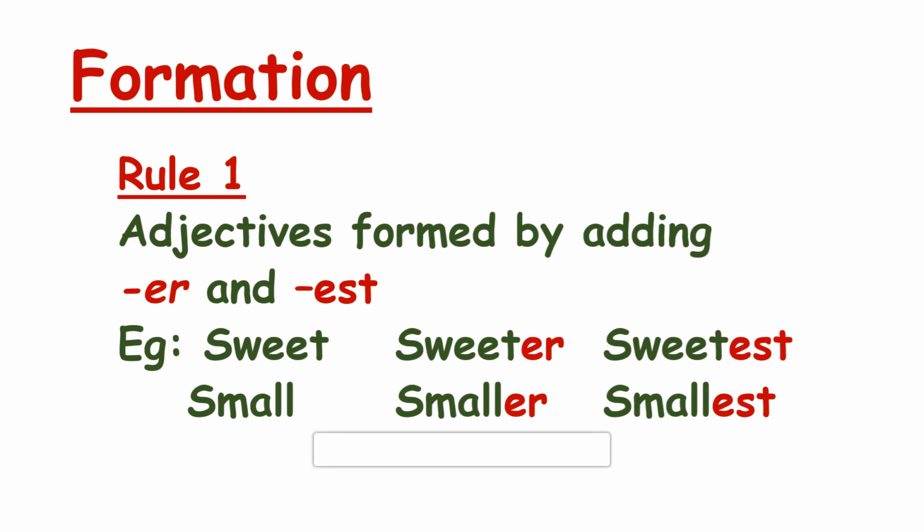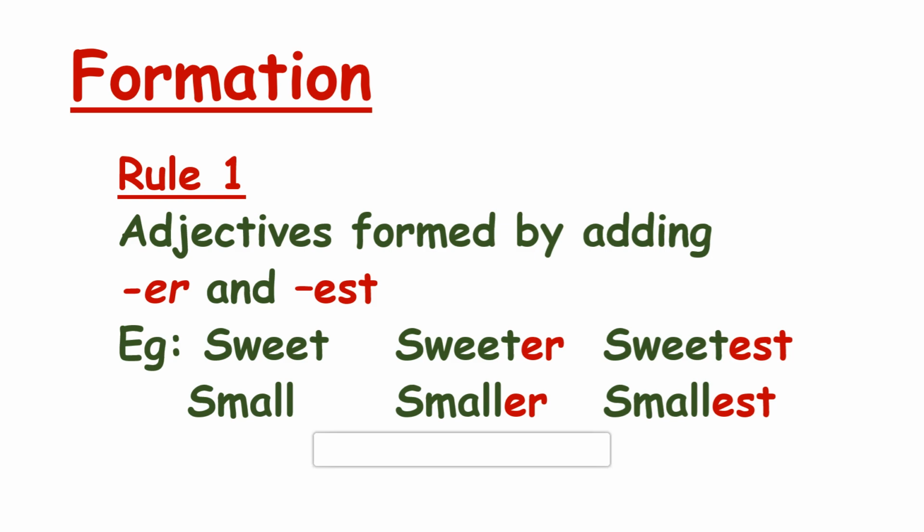Here you can see the examples sweet and small. These are positive adjectives, the positive degree of the adjective. So for sweet, we have to add er at the end. This er, and this est in the superlative, are called suffixes. So sweet was the base word, er was the suffix, and here also sweet is the base word, est is the suffix.